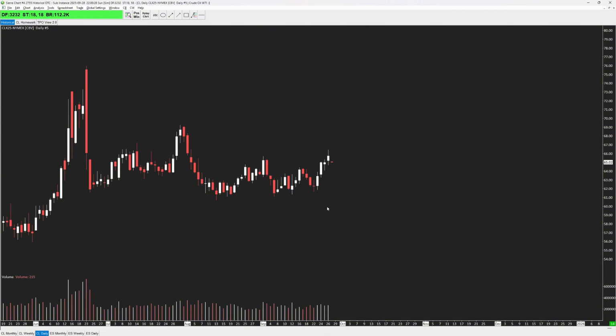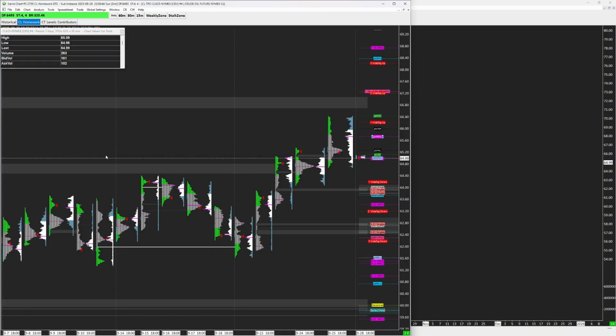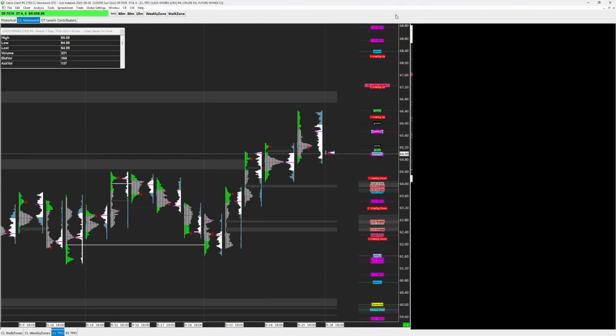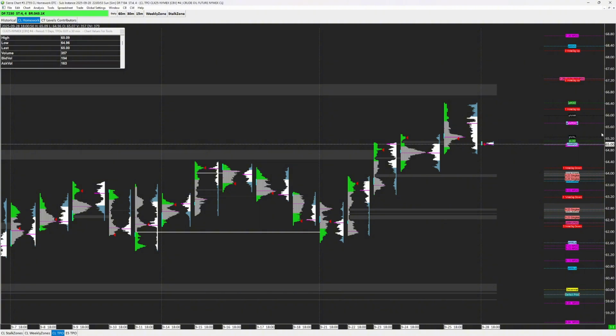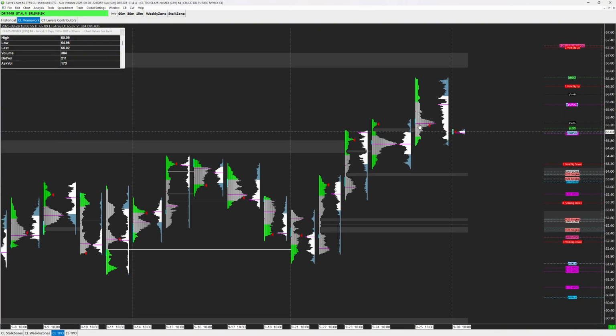Last week, what Muhammad's charts do not show is that there was a Tuesday and a Wednesday that were gap days. We had gap ups on those days, and that's pretty important in the RTH. On gap days, there's a particular intraday trade that you can perform called either a gap and go or a gap to settle.